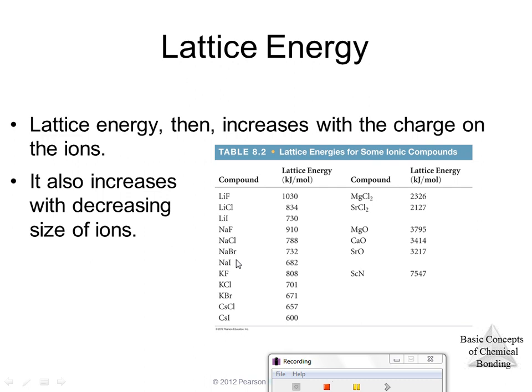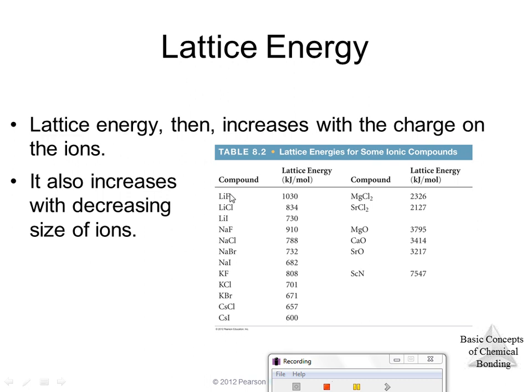So again, this summarizes it. It increases with charge, but it increases with decreasing size. You notice at the top you've got lithium fluoride, very small radius, very small separation, huge lattice energy. You go down to the bottom with cesium chloride, a smaller lattice energy, 657, because again there's a bigger radius.